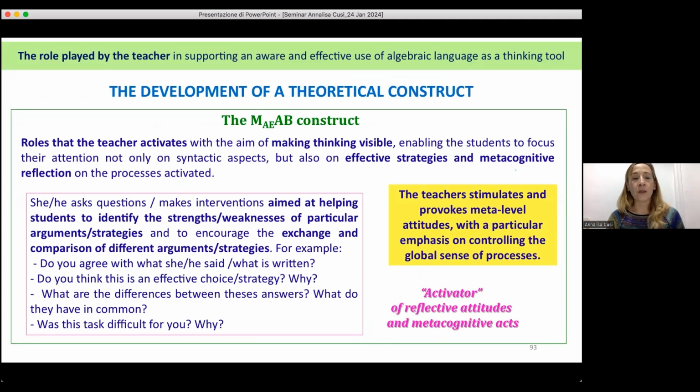This kind of role is activated by asking questions aimed at helping students to identify, for example, strengths or weaknesses of particular strategies or arguments that are proposed, and to encourage an exchange between students, a comparison, a reflection on what can arise from this comparison.